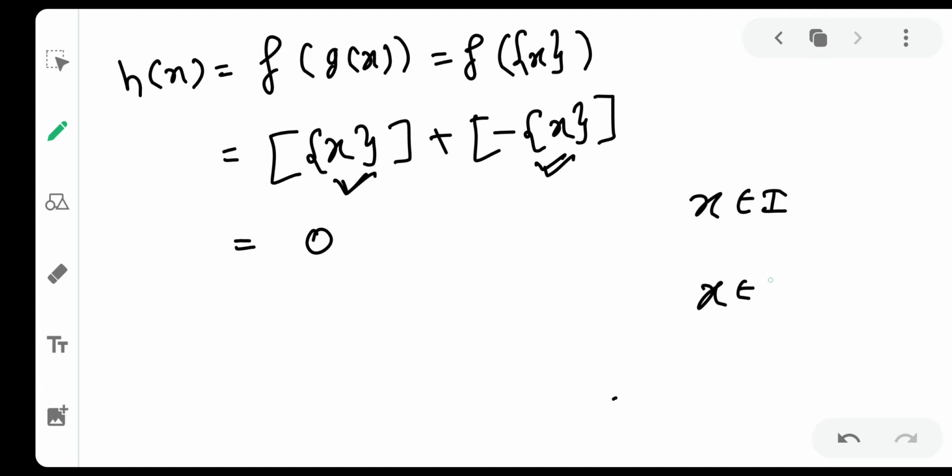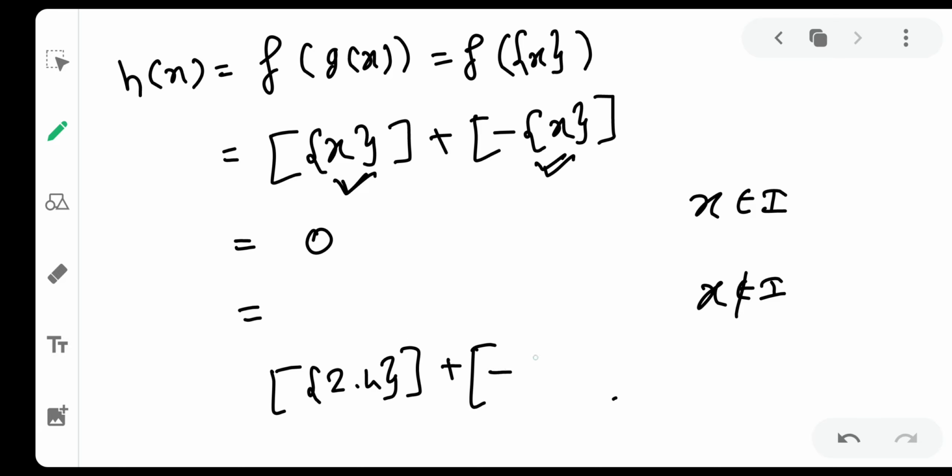Then when x does not belong to integers, what is going to happen? This question will be literally simplified to a very simple part. Let us say I'll take an example, 2.4. So fractional part of 2.4 plus minus fractional part of 2.4.